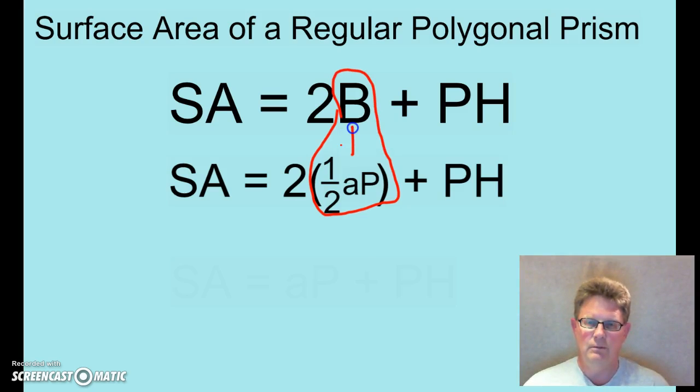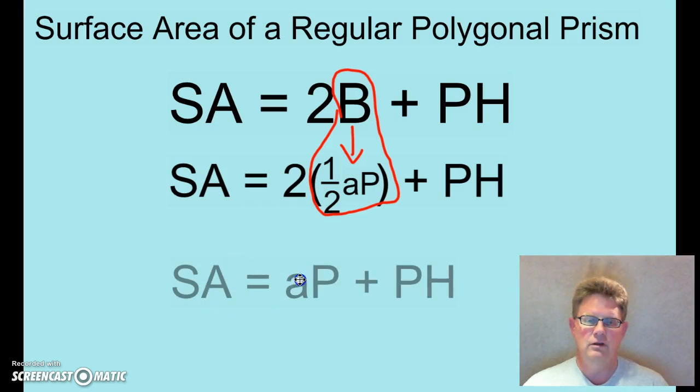So I'm replacing the B with that, and then I'm multiplying 2 times 1/2, and I'm getting a final formula of surface area equals the apothem times the perimeter plus the perimeter times the height. And that's how you find the area of a regular polygonal prism.